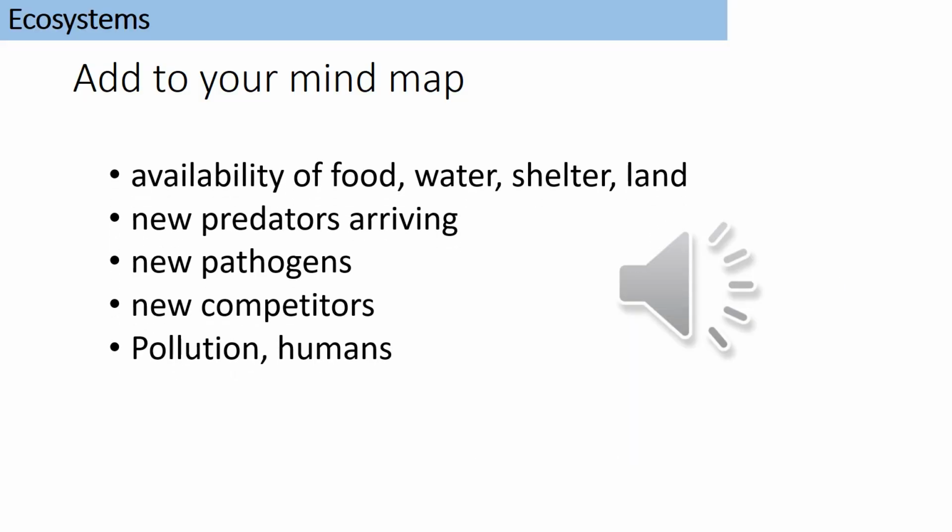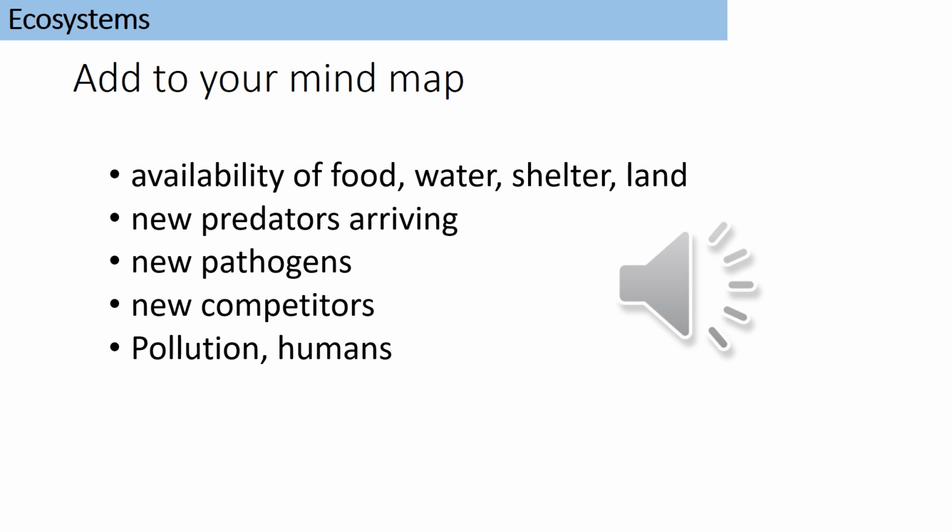So things that affect a population or a community of organisms is obviously availability of food, first of all. Water, shelter, land. That could be different habitats available. What predators are there? Are there new predators arriving? Are there invasive new species being introduced?